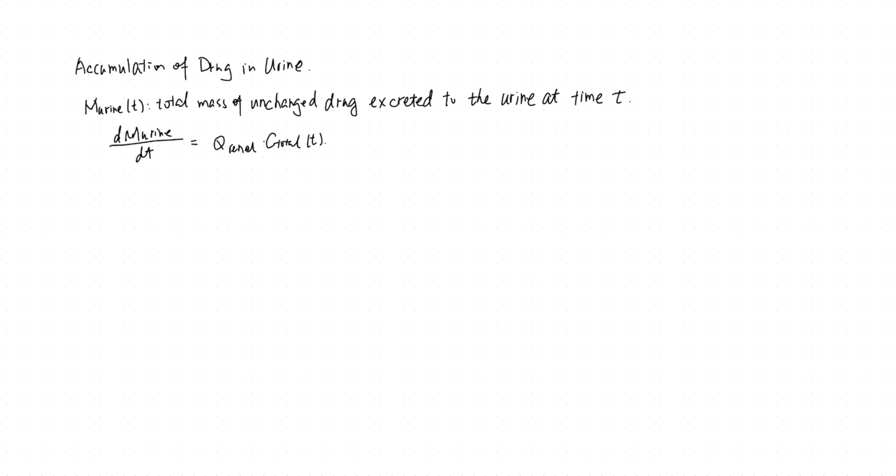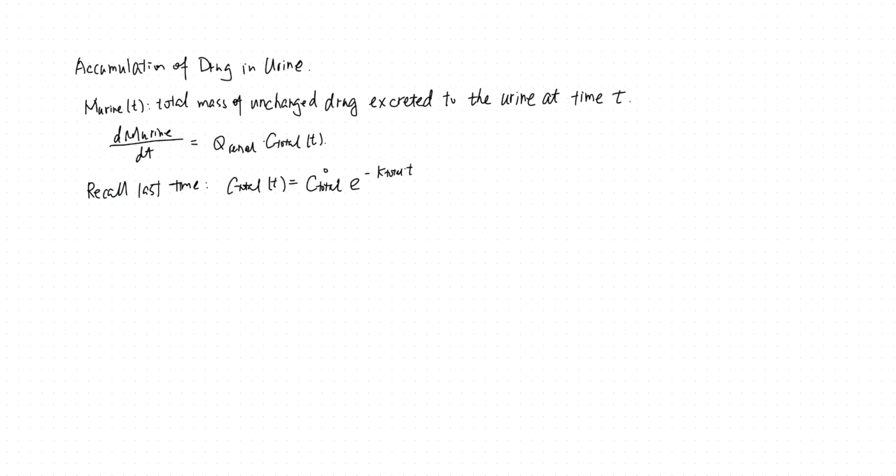But right now, when we derived the total expression last time, we got C total as C total naught multiplied by e to the minus k t.